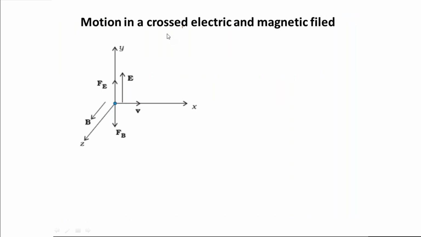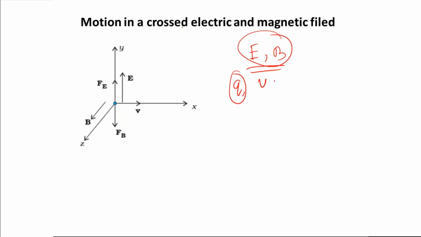First of all, when there is a region where both electric and magnetic fields are present, and a charged particle with charge q is moving with velocity v in this region, the charged particle will experience a force called the Lorentz force.